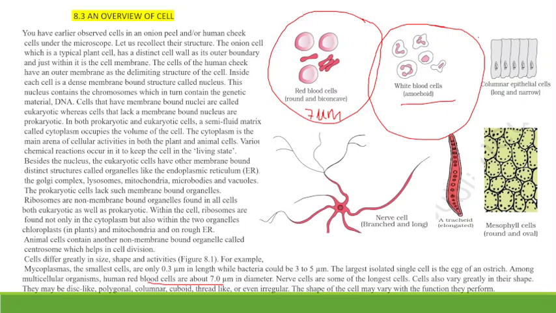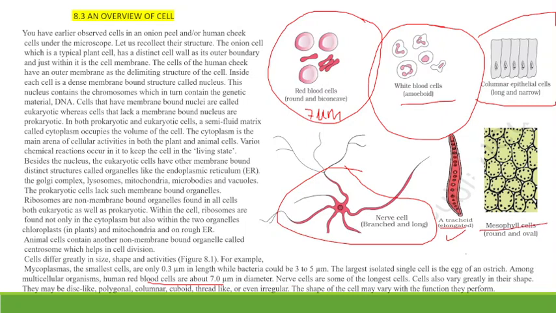Then this is the columnar epithelial cell having long and narrow cells. This is the nerve cell, which is a branched and long cell. And this is a tracheid found in the plant, which is elongated. And these are the mesophyll cells having a round and oval structure.